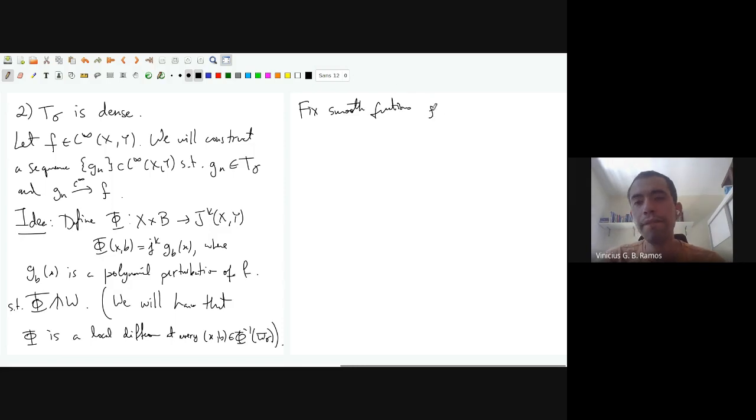Rho 1, that goes from Rn to [0,1], and rho 2, that goes from Rm to [0,1], such that I want rho 1 to be identically 1 in a neighborhood of the image of alpha of W sigma bar.